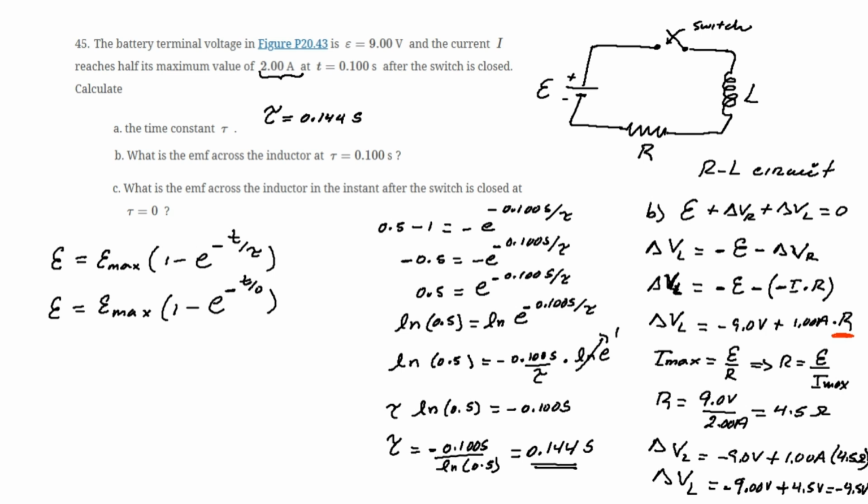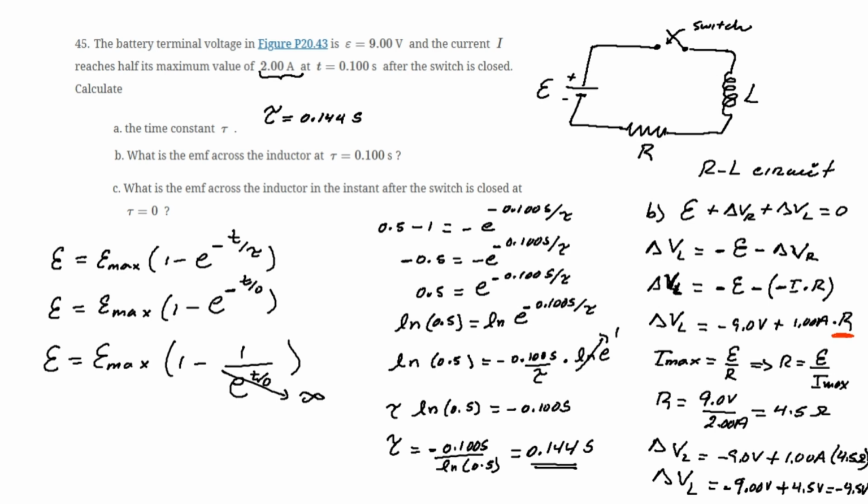So we have 1 minus 1 over e to the power of t over a number that approaches 0. E to the power of t over 0, this number approaches infinity. And 1 over a number that approaches infinity approaches 0.